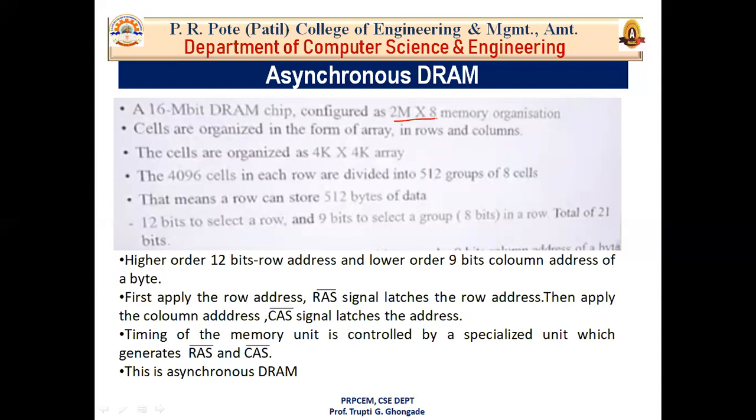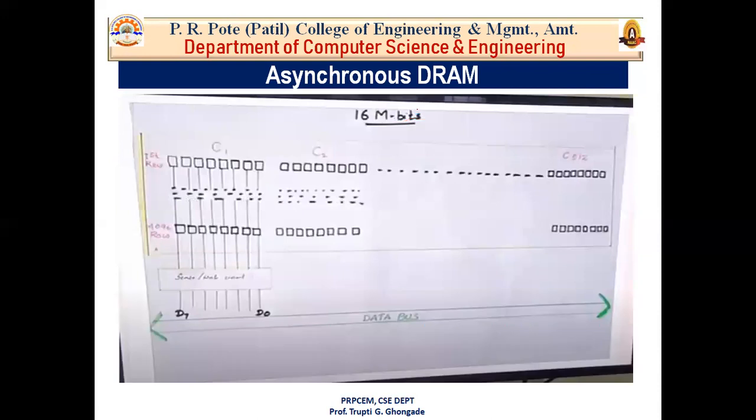Then we know that cells are organized in the form of an array, that is, in rows and columns. So let's see the design of this 16 megabit DRAM chip again. It is configured as 16 megabit, meaning it is configured as 2M by 8 organization.